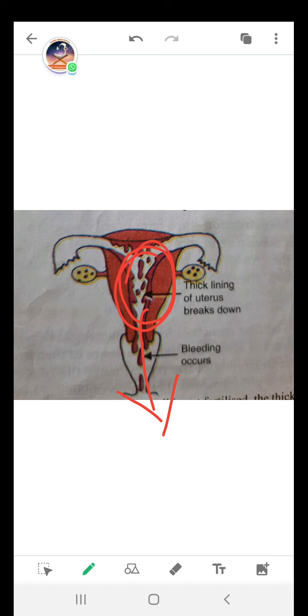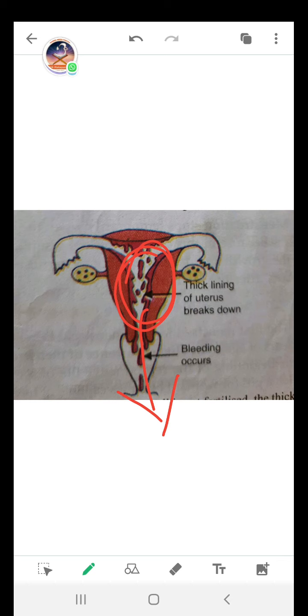Menstruation usually occurs 14 days after ovulation. In the middle of the cycle, ovulation takes place, that is the 14th day, and menstruation usually occurs 14 days after ovulation, and it lasts for about 3 to 5 days.